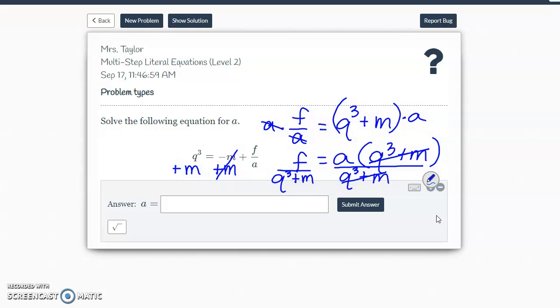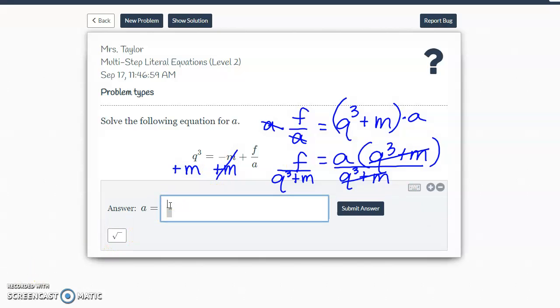So again, in my answer space, I am going to go ahead and put down that I have a fraction, which means I am going to add in that division. I just have that F in the numerator down here. So this might be a little bit trickier because I have Q to the third power.